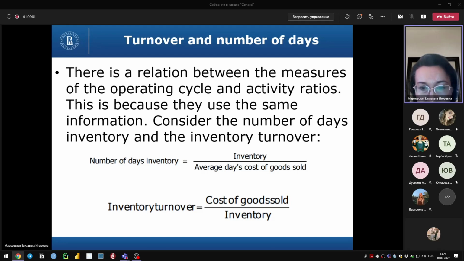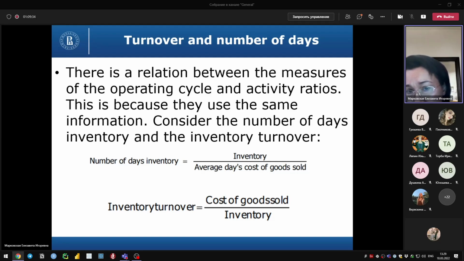And some words about the turnover ratios and the number of days. There is a connection between the turnover ratios and number of days. For example, number of days of inventory is inventory to average days cost of goods sold, and inventory turnover indicates the ratio of cost of goods sold to inventory. So what is the connection between these indicators?